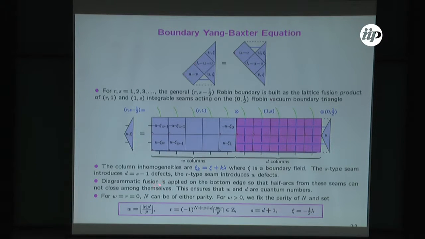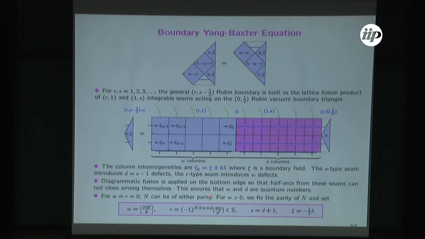I won't describe in detail the implementation of the diagrammatic fusion that you act with on the lower edge, but this is essentially fusion so that when you have two columns, for example, you take a spin half object and you project down onto the spin one object. It's exactly the same type of fusion, but now it's implemented diagrammatically on loop segments, so there are some subtleties.